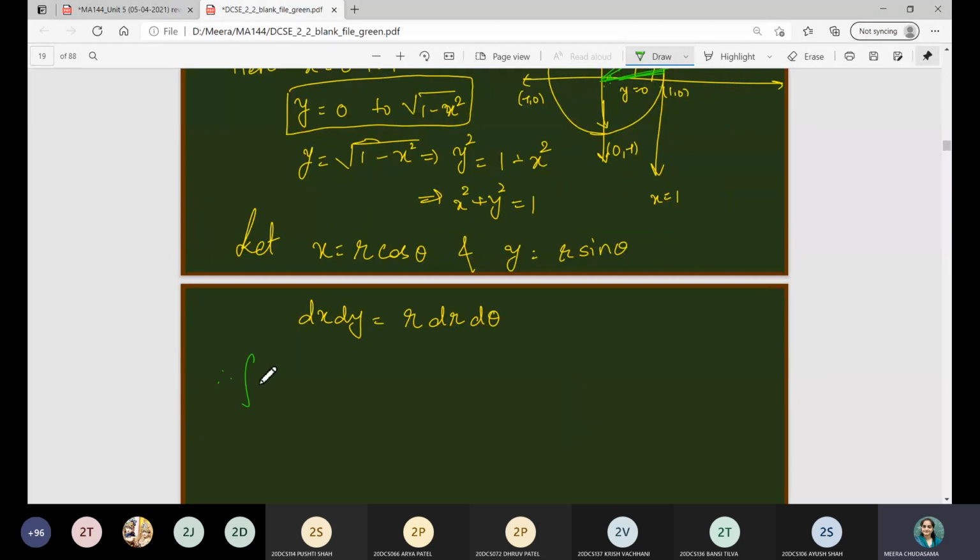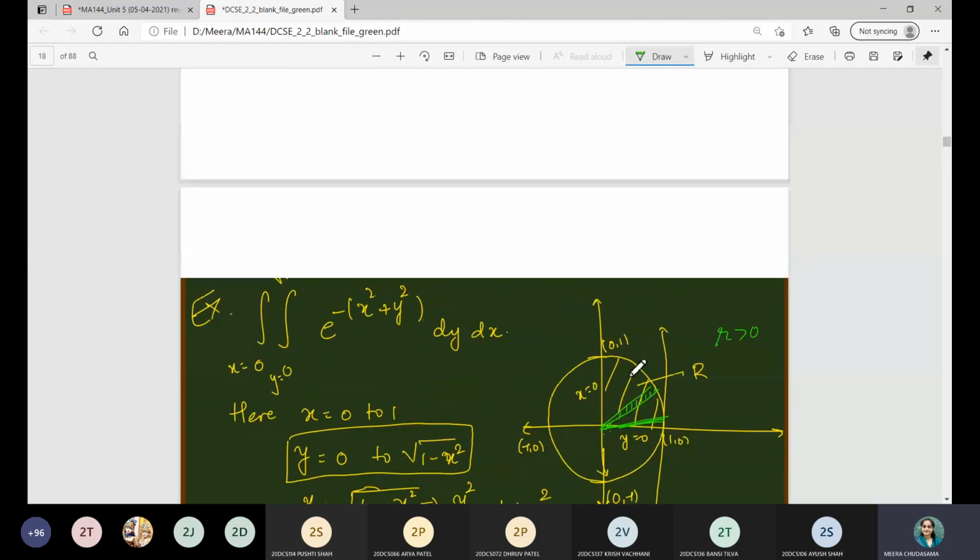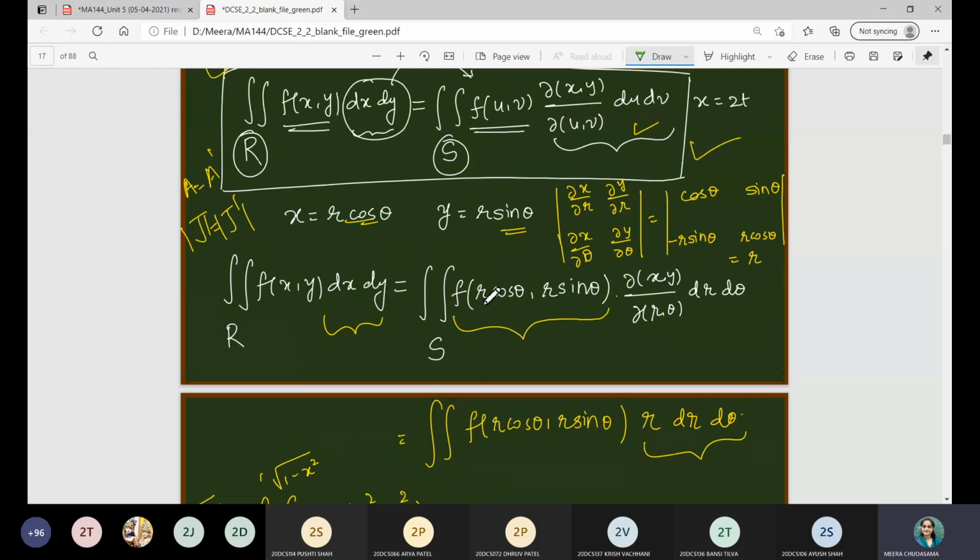So therefore, the double integration over r, the limits are already given, but I will write that limit in terms of the polar coordinates only. dx dy is equal to, first I will write down the limits of theta, which is 0 to pi by 2 over here. Then limits of r, that is 0 to 1 as I have discussed. e raised to minus, the function has to be converted in terms of r cos theta, r sin theta.